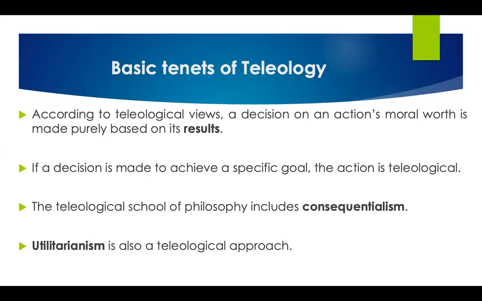All right. So we have the teleological school of philosophy, which includes consequentialism. Then we also have the utilitarianism approach, another type of teleological theory. As the name suggests, consequentialism is all about consequences. The focus there is normally on negatives, right? If I do this or if I don't do it, what are the consequences? What are the negative repercussions for not doing something or for doing something? That is used to determine whether that decision is ethical or not. Utilitarianism comes from the word utility. And here the focus is on the benefits that will come from a particular decision.